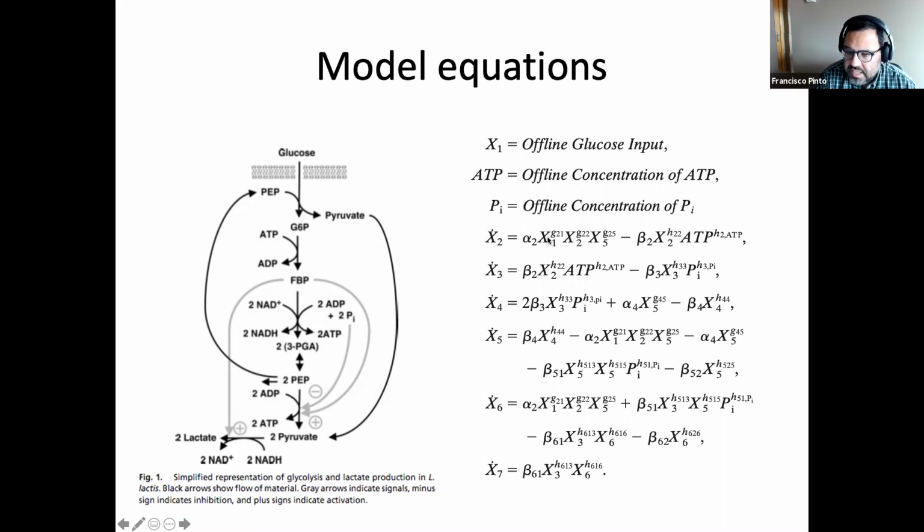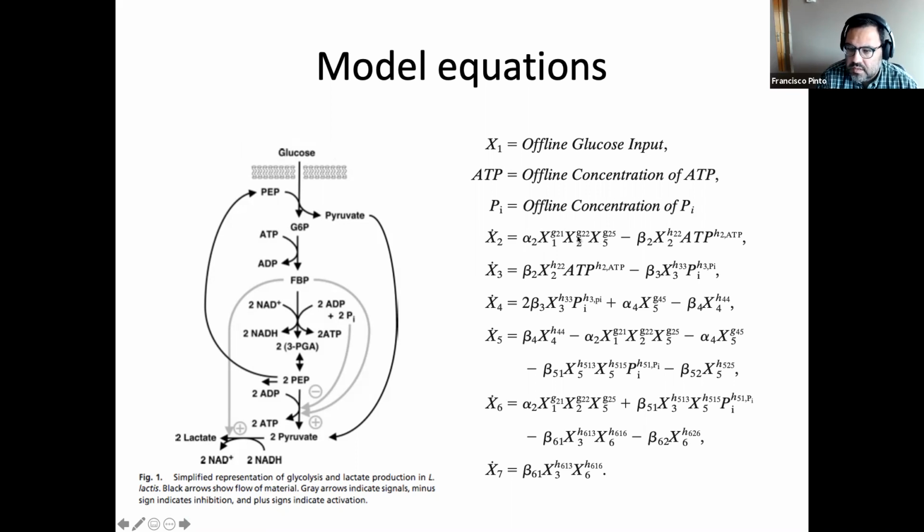So in classical mass action, this would be 1. If 2 molecules of glucose would give origin to 1 molecule of glucose 6-phosphate, then it would be 2. That's the stoichiometric coefficient with which the reactant participates in the reaction. That would be the exponent.